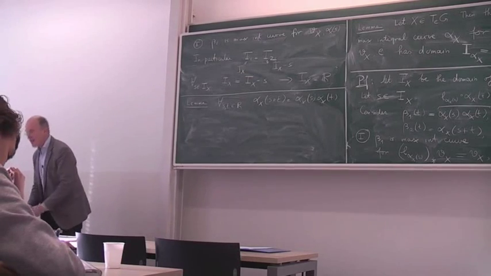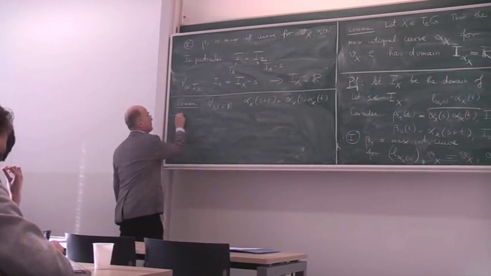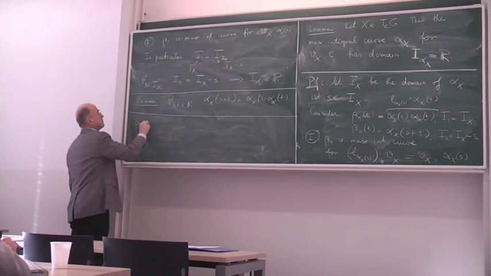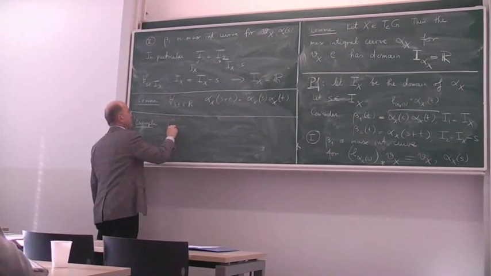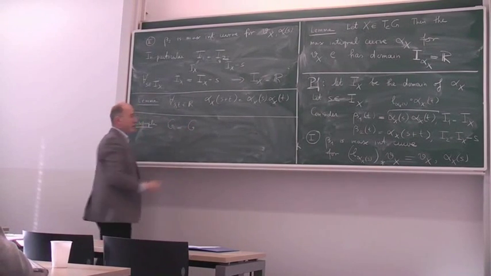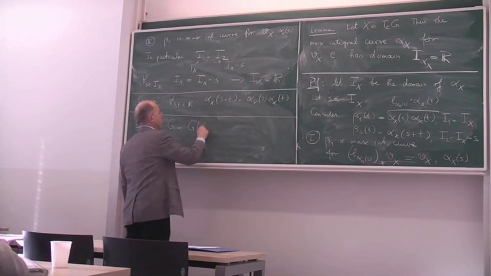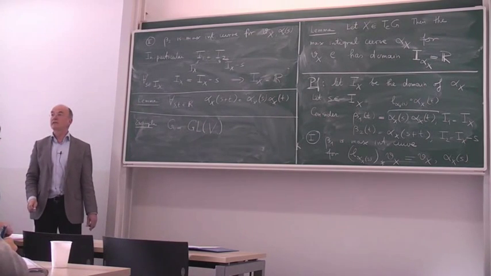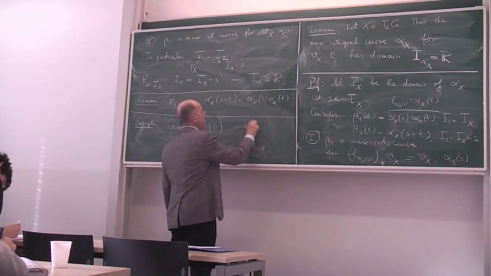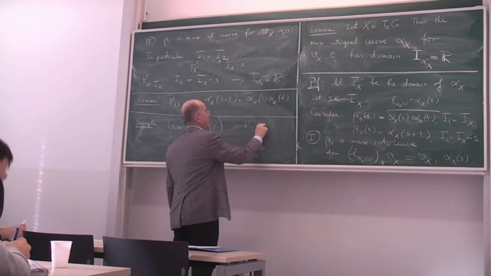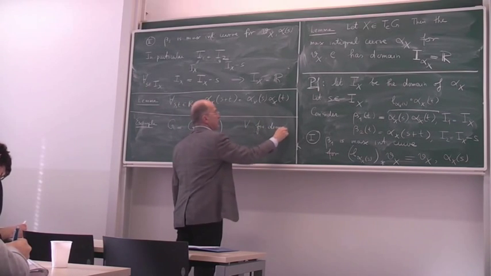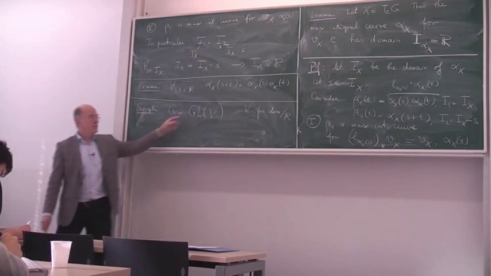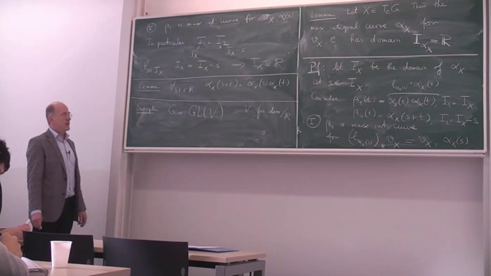Before defining the exponential map, let's look at one important example: the general linear group of invertible linear transformations on a finite dimensional real vector space V. So V is a finite dimensional vector space defined over the reals, and this is the group of invertible linear transformations from V to itself.